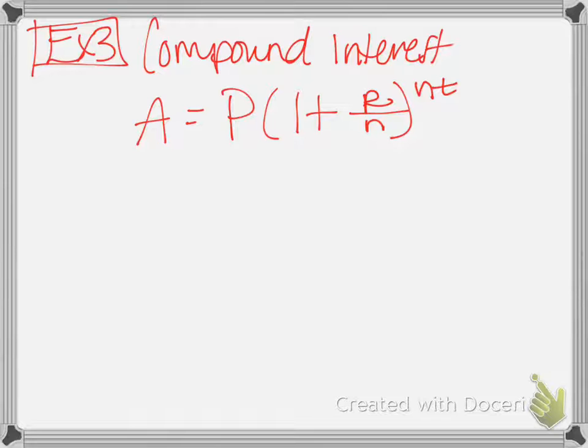So the next piece talks about compound interest. And it follows the formula A equals P times the quantity of 1 plus r over n, all of that to the nt power. And it's the exact same type of exponential function that we had at the very beginning. It's just adding a couple more pieces because this is specifically for money.